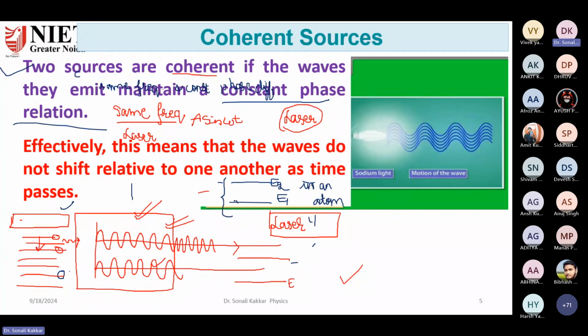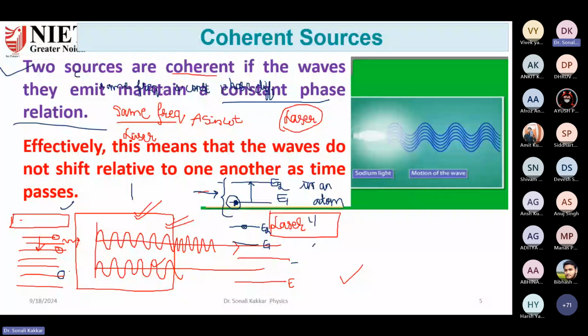Suppose the electron was initially in energy level E1. We provide some energy in any form, like electric form, we give a voltage source such that this electron gains energy and it makes a transition to level E2. So after absorbing the energy, now the electron is in energy level E2.